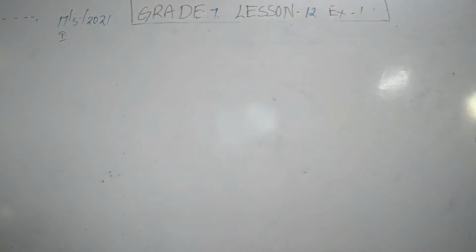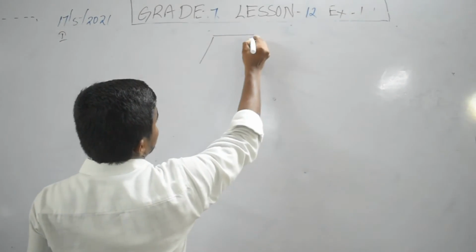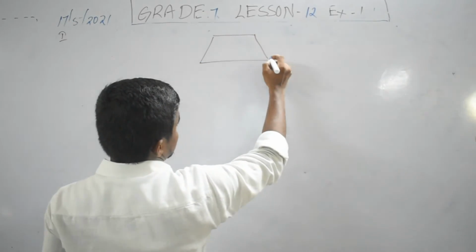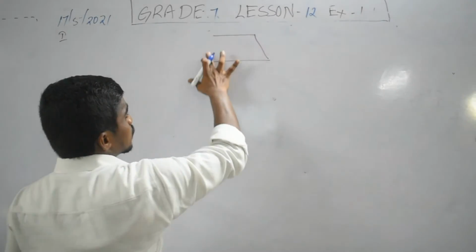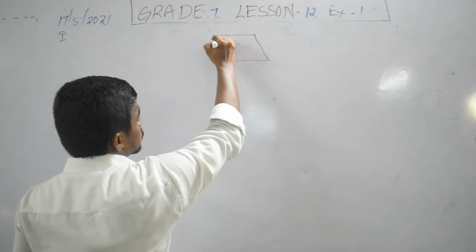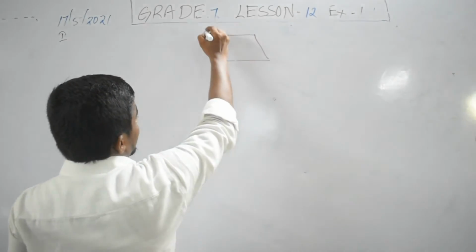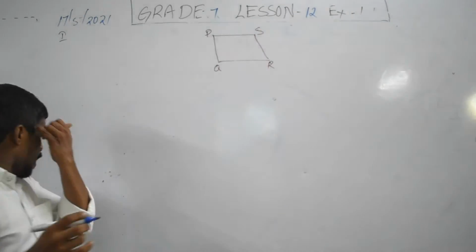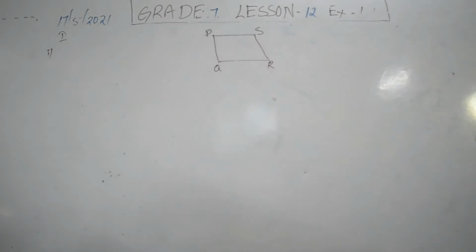Here, one quadrilateral is given, PQRS. They are asking to name the sides.